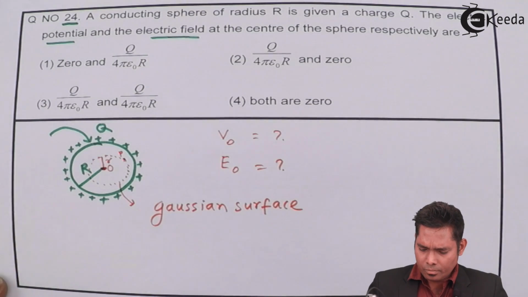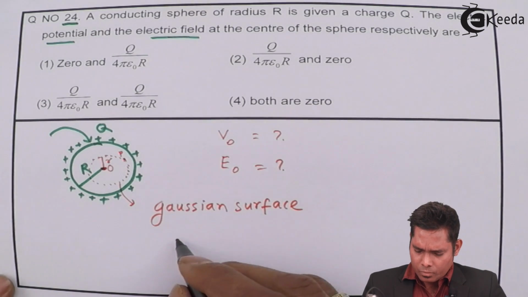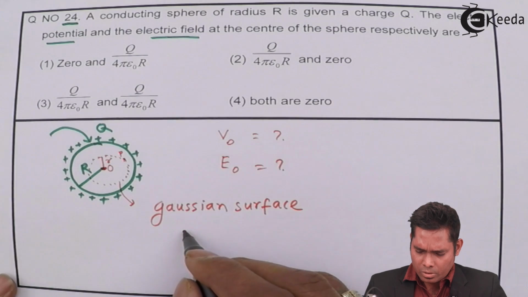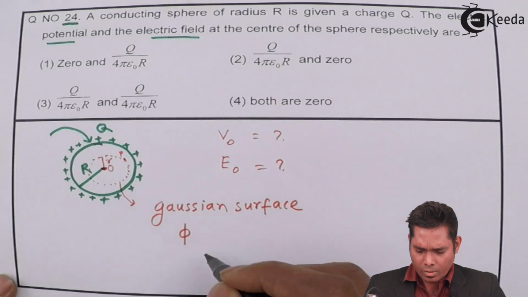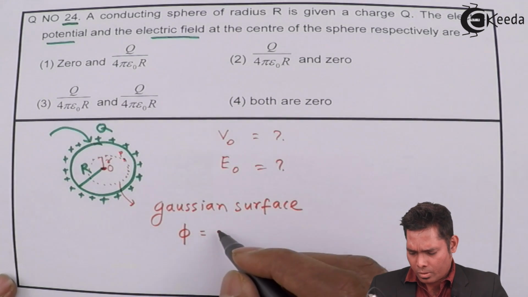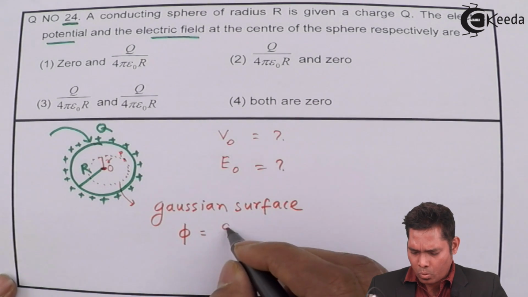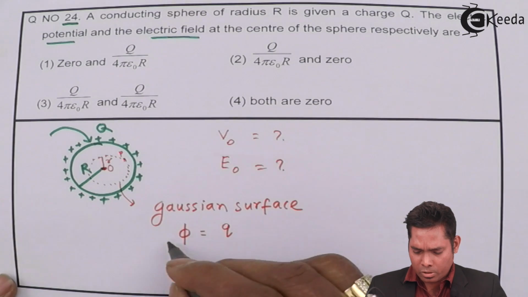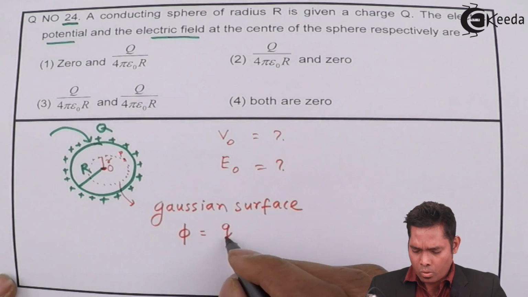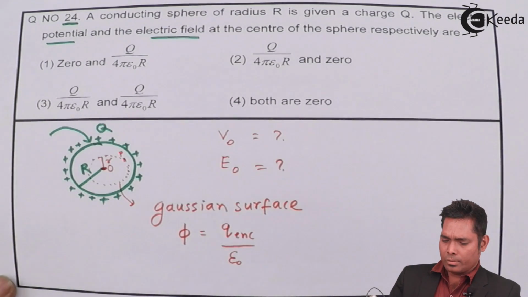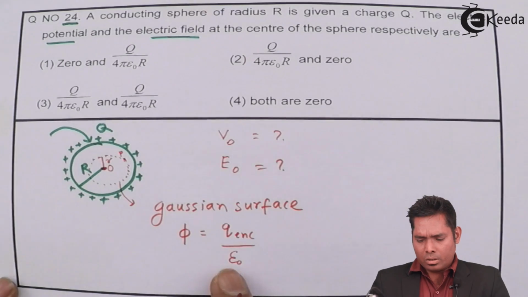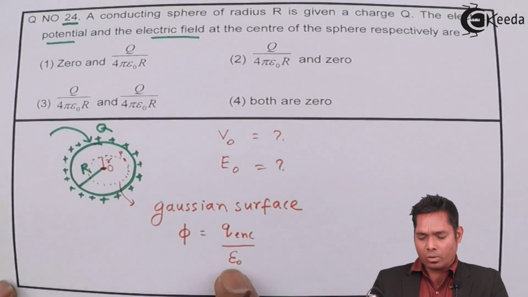Then the net flux through this is q enclosed divided by epsilon naught. This is the Gauss theorem.